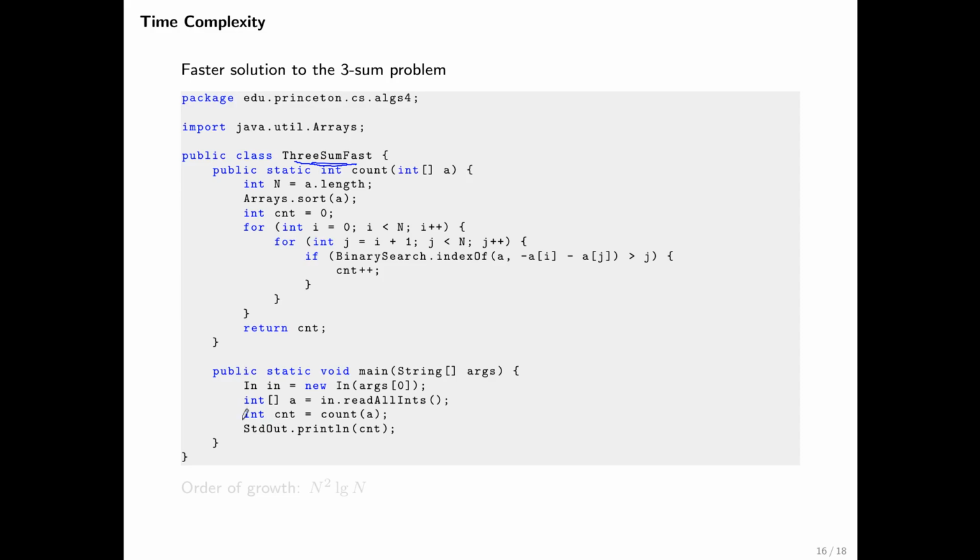And then it also has the main method that is identical to what we saw before. It gets a file as a command line argument that contains n integers. It reads the file into an array of ints called a, and it simply calls count with that array as an argument and prints the number of triples that add up to 0.